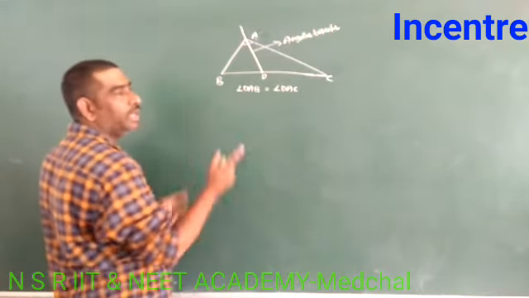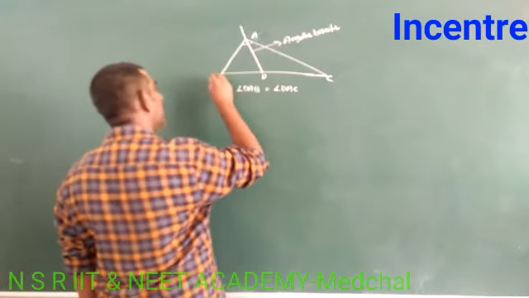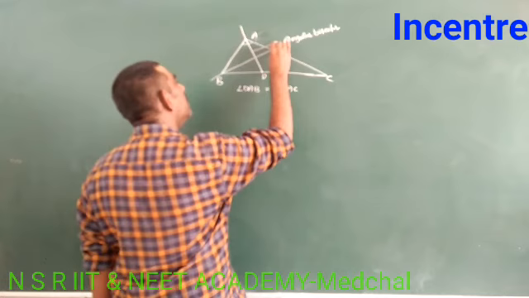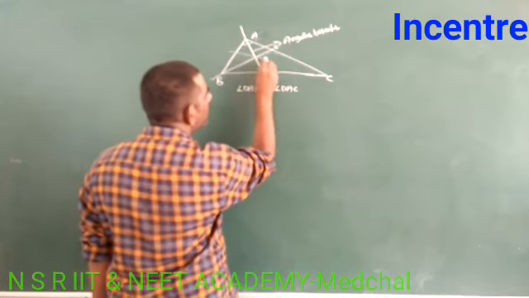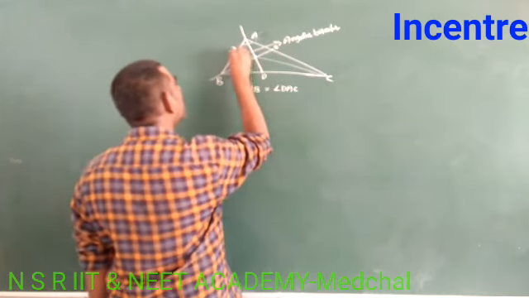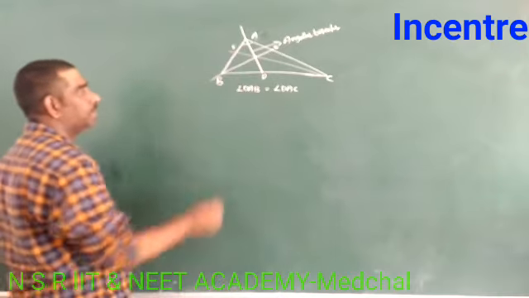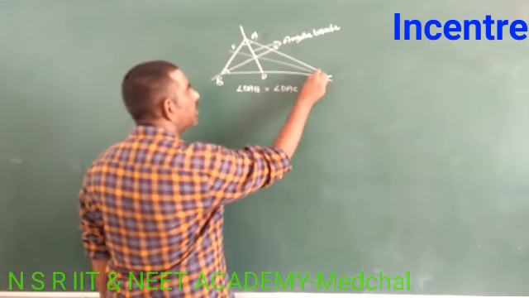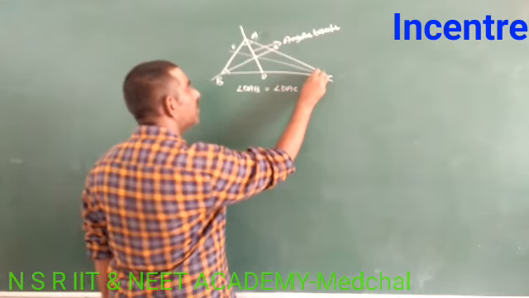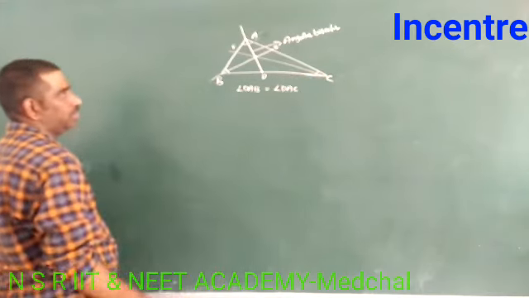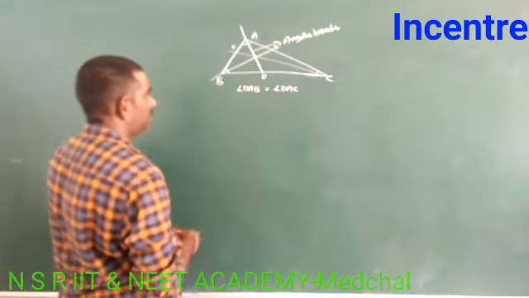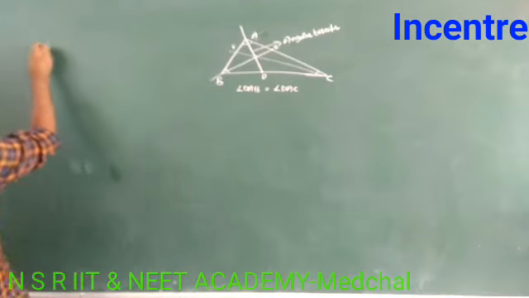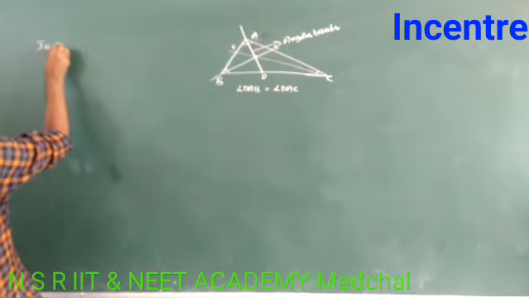So we have three angular bisectors in every triangle: AD, BE and CF. BE also divides vertex B into two equal angles, and CF divides vertex C into two equal angles. So the intersection point of these angular bisectors, what is the incenter?